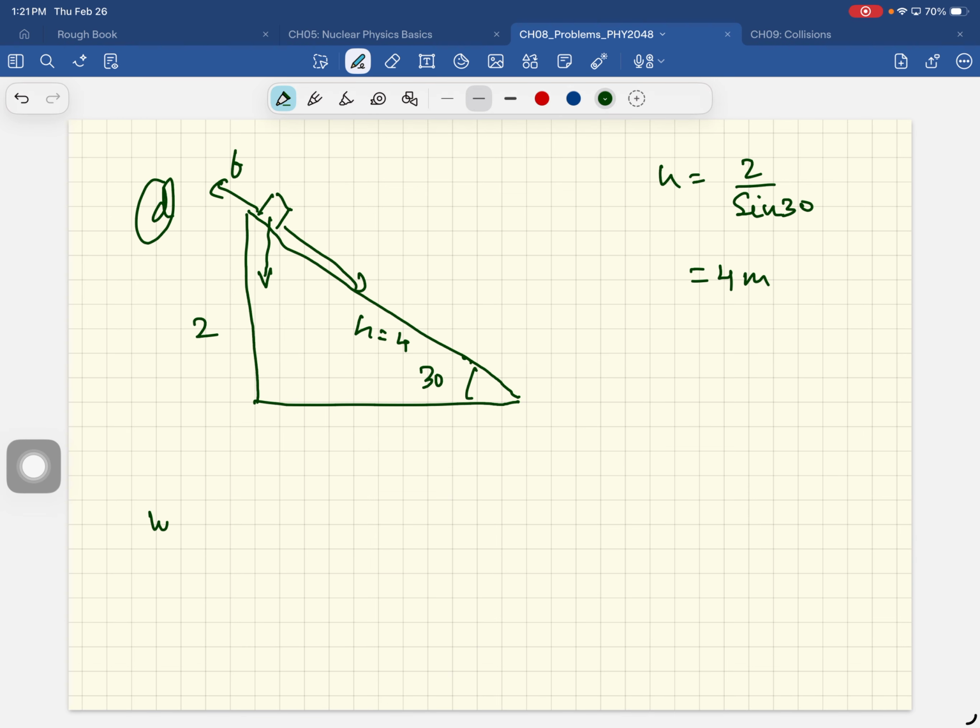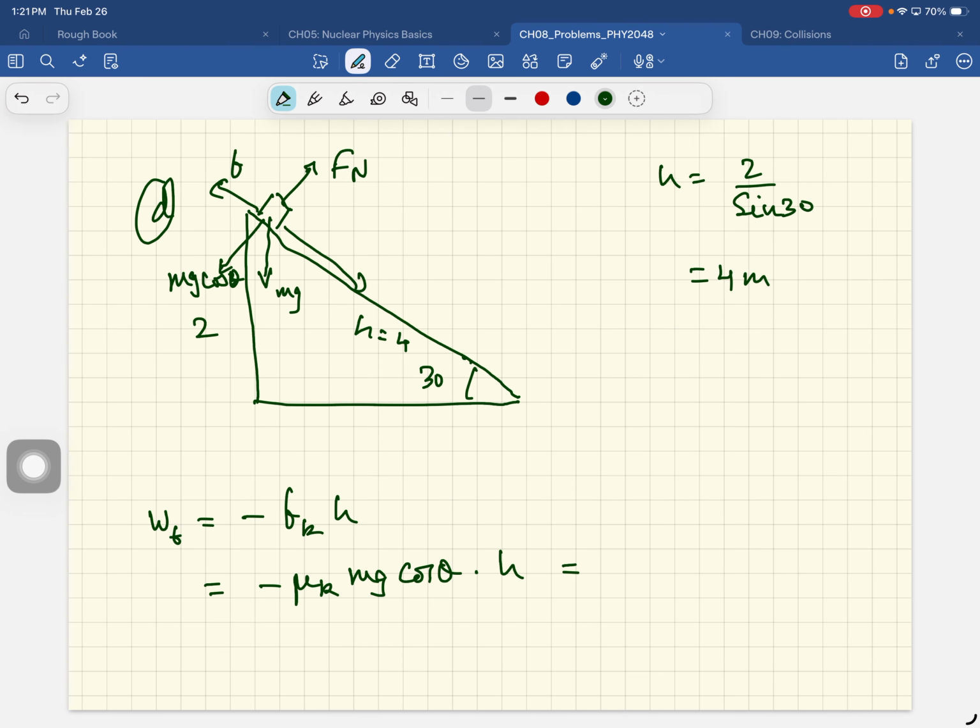The work done by friction force was minus friction force times h, the distance traveled, which was mu k times mg cosine theta. This was mg, this is mg cosine theta, and we know this work done.